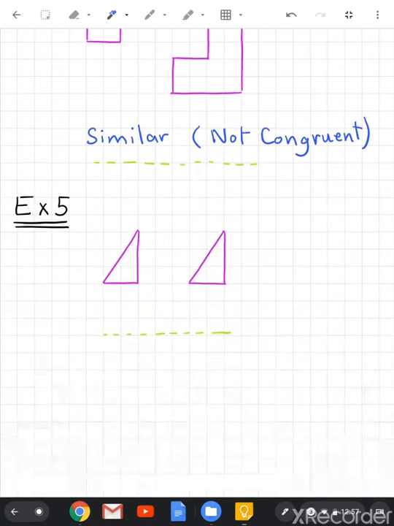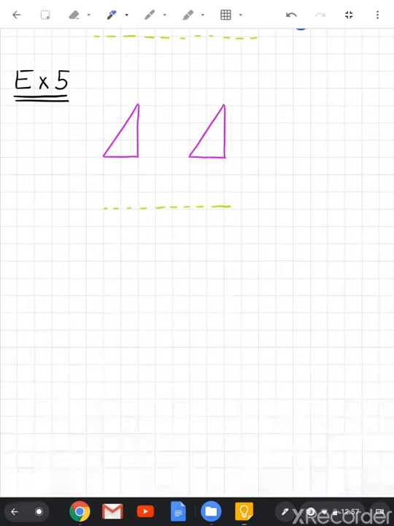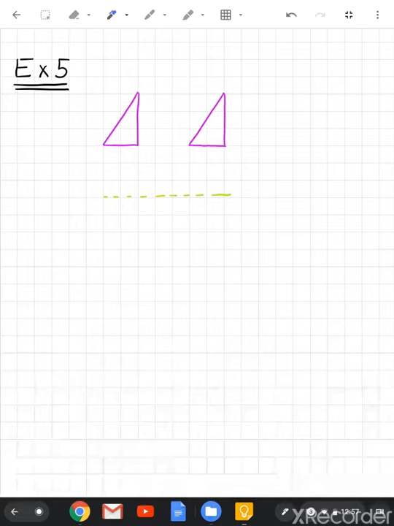Again, our last example. Here we have two right angle triangles. Remember, here is the right angle. The two right angle triangles have the same shape, but do they also have the same size? Yes.